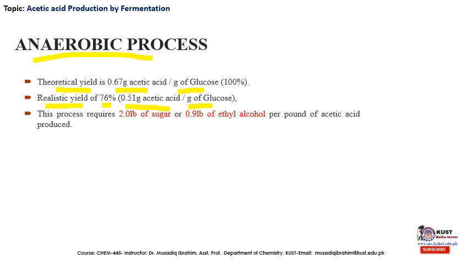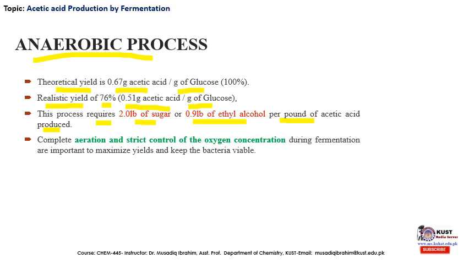This process requires 2 pounds of sugar or 0.9 pounds of ethyl alcohol or ethanol per pound of acetic acid to be produced. Complete aeration and strict control of the oxygen concentration during the fermentation process are important to maximize yields and keep the bacteria viable.